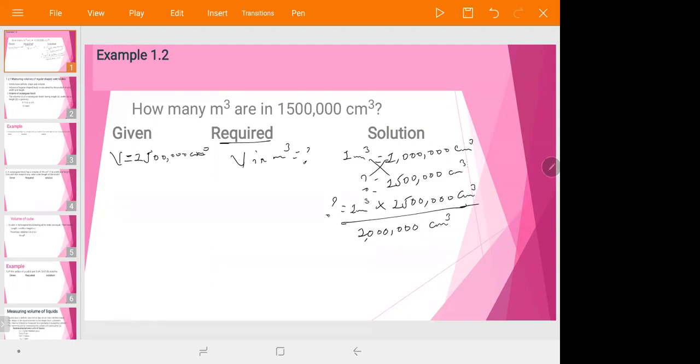Like units cancel each other: centimeter cube divided by centimeter cube gives 1. You can count the zeros and cancel each other. How many zeros do you have from the above? Five.